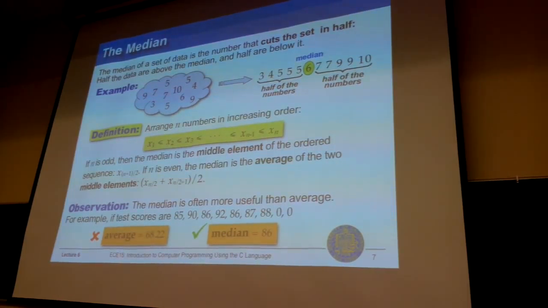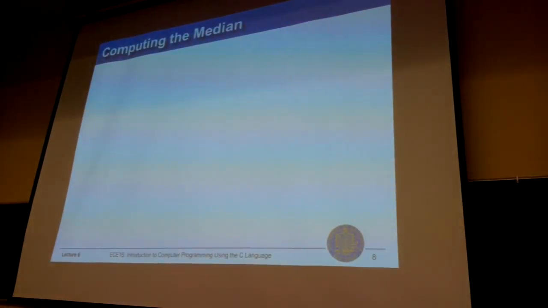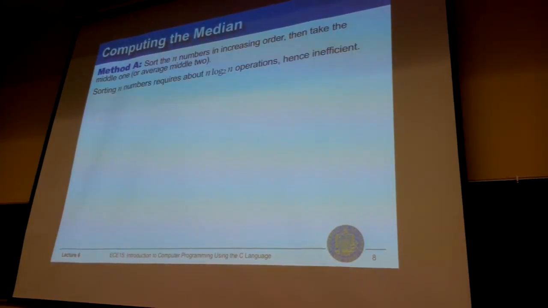So how do we go about computing the median? The most straightforward method, from the definition I showed you, is to sort the n numbers into increasing order and then take the middle, or the average of the middle two, depending on whether you had an even or odd number of elements. This is a fine solution, but it does take some time.